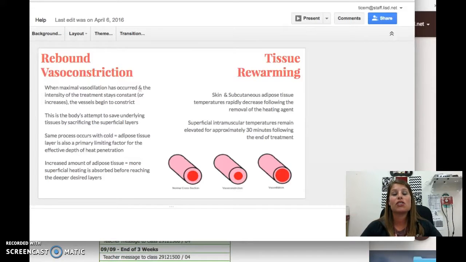Your body is going to start saying too much. I've had enough. I'm going to start constricting, all right? And this is just your body's way of protecting itself, okay? Because if I have that increase in blood flow, that increase in that body temperature, I could burn tissues, okay? I could burn tissues. And so your body is going to start using this as a shut-off mechanism, all right?